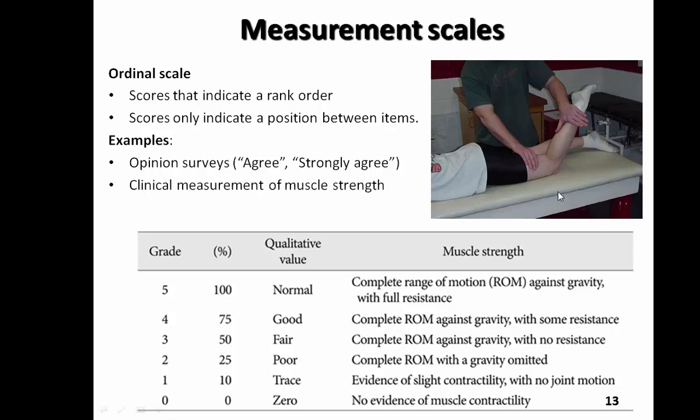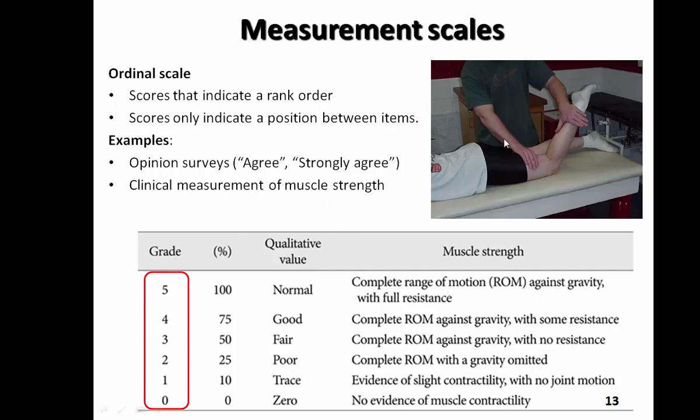The example you see in the photo includes a clinical measurement of muscle strength, as illustrated by this therapist and a person suspected of a muscle injury. The therapist is using what's called a manual muscle test for strength that doesn't require any sophisticated equipment.